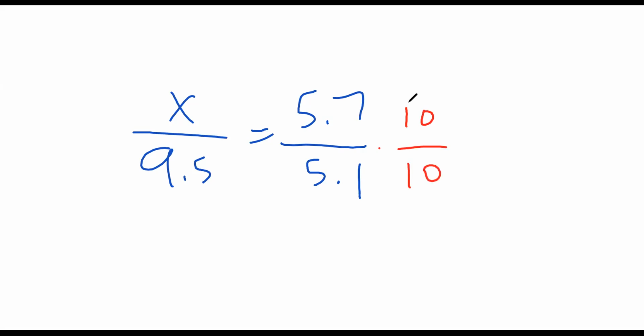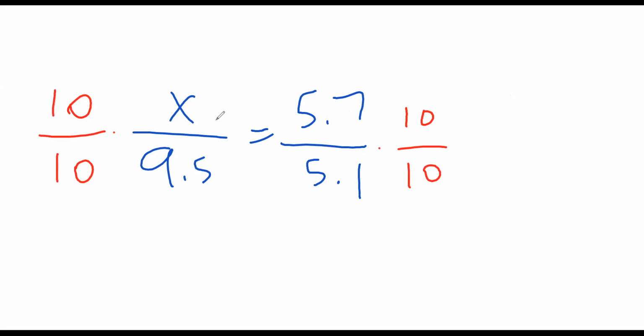I can multiply the right-hand fraction by 10 over 10. Technically, I can do that without even doing it to the left side because 10 over 10 is just 1. But I'm also going to do it to the left-hand side for a very good reason. That reason is that by doing this, I'm going to basically be moving the decimal point 1 place to the right in each case.